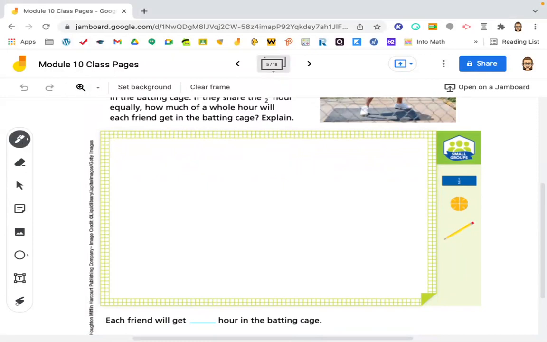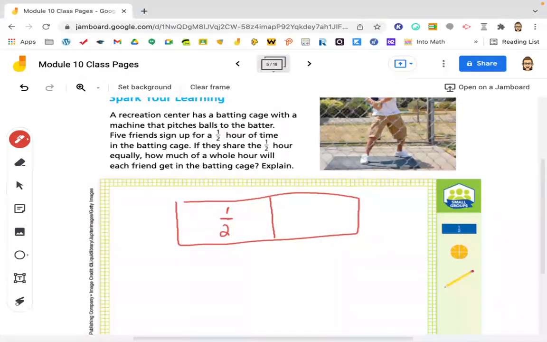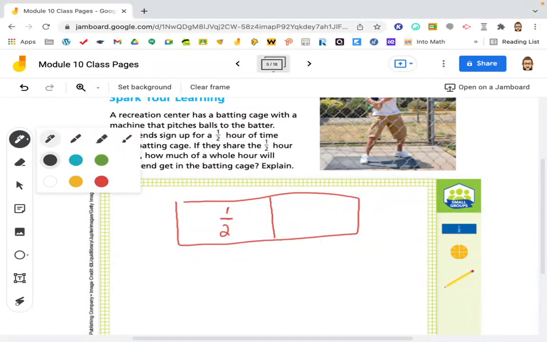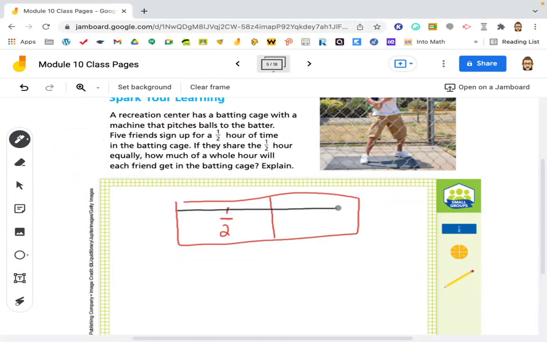Well, if we start with the whole hour, and they signed up for 1/2, and then they split that equally amongst the 5 of them, we now have 1, 2, 3, 4, 5, 6, 7, 8, 9, 10 sections.